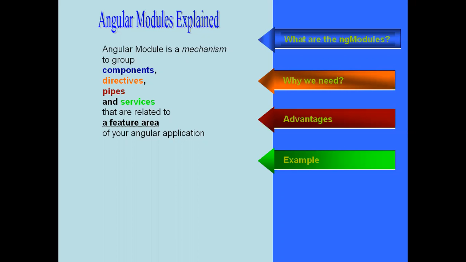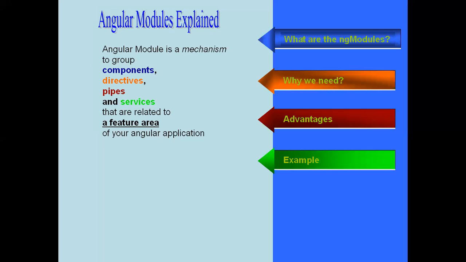So it is a mechanism to group components, directives, pipes, and services that are related to a feature area. Feature area means a feature. Every application has multiple features, and under multiple features we can separate it by its feature. The application can be divided on the basis of a specific feature, and every specific feature may have some components, directives, pipes, and services that are only related to that particular feature.